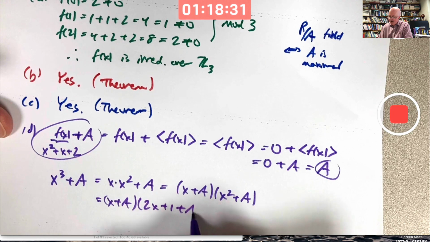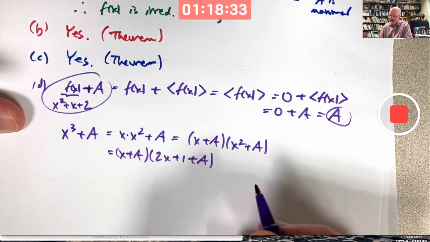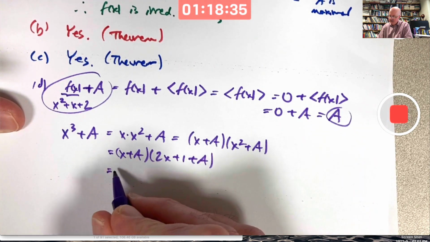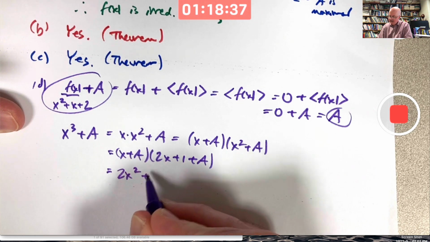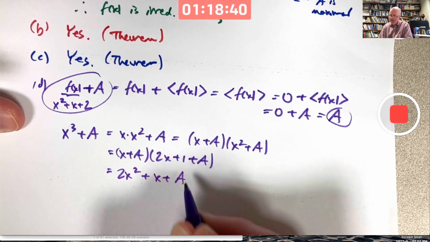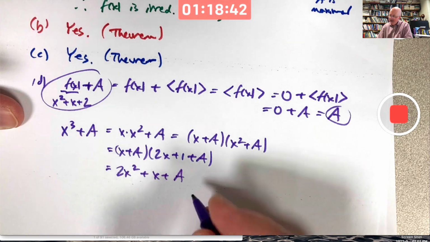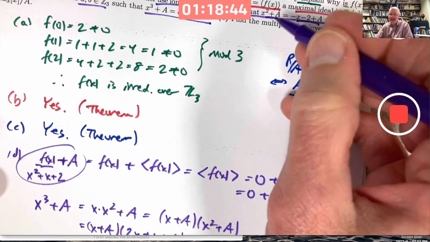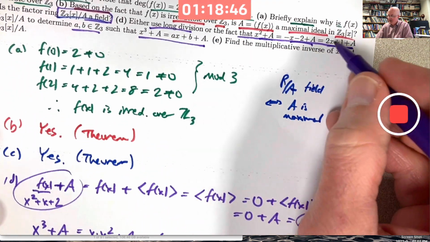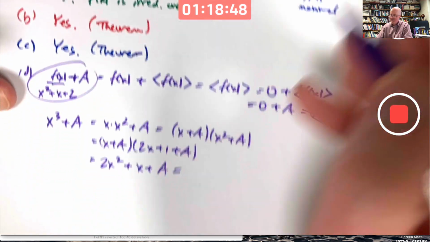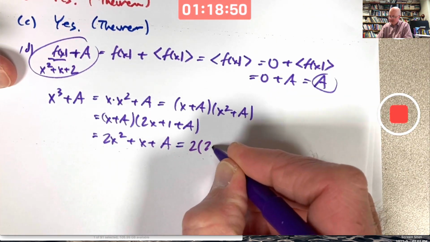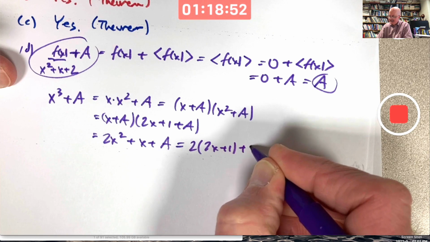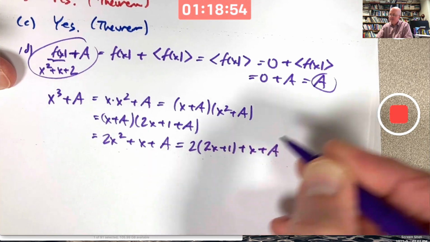And then that could be multiplied out again to multiply the representatives. 2x squared plus x plus A. And then, continuing, I can replace the x squared with 2x plus 1 again. It's not the exact same looking thing as you see up here.